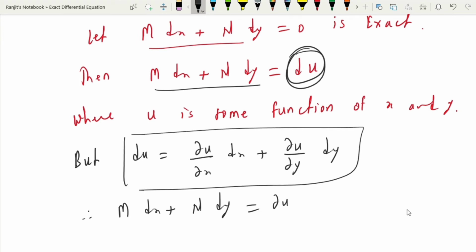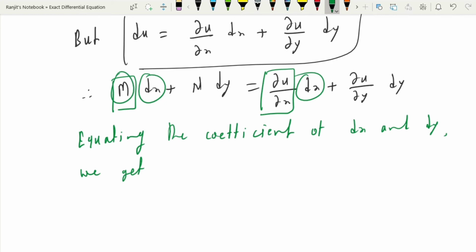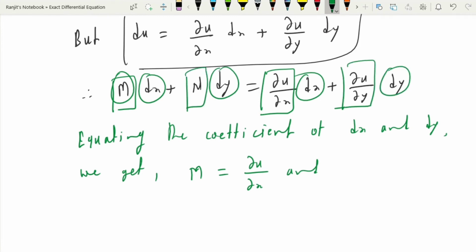Therefore the answer is del u by del x dx plus del u by del y times dy. Now equating the coefficient of dx, M is equal to del u by del x, and equating the coefficient of dy, N is equal to del u by del y.